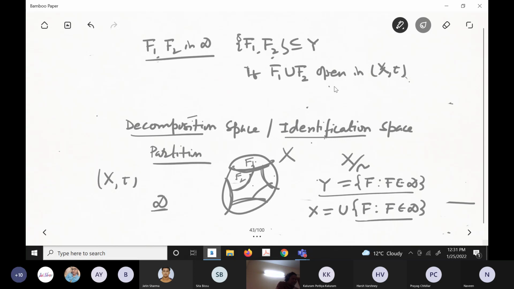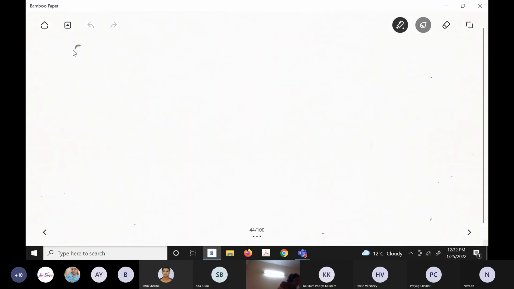If the union of F1, F2 is open in X, declare F1, F2 open in Y. But of course, let's say this definition gives you a topology. So let me write that down. It is very simple. You can prove immediately why it will be a topology. Not only that, it will be a quotient topology. So let me write it. What I'm saying is this is the definition.